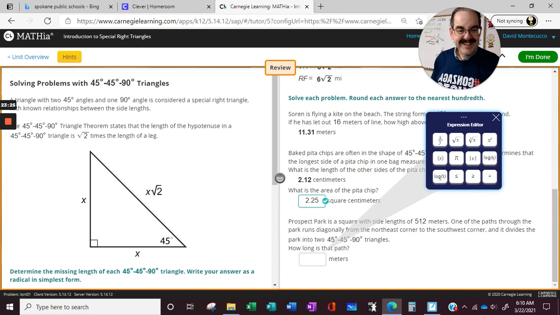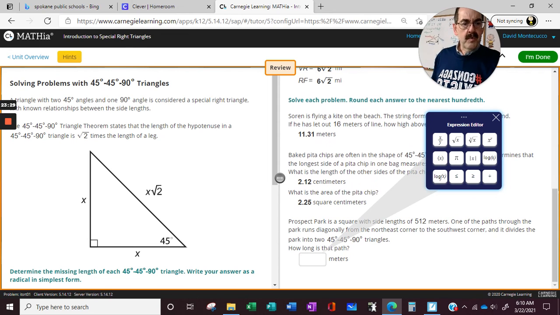Isn't that cool? Now, Prospect Park is square with side lengths 512. One path through the park runs diagonal to the northeast corner and divides it into a 45, 45, 90. Huh. Well, that's what we've been doing, right? 512, 512. How long is the diagonal?